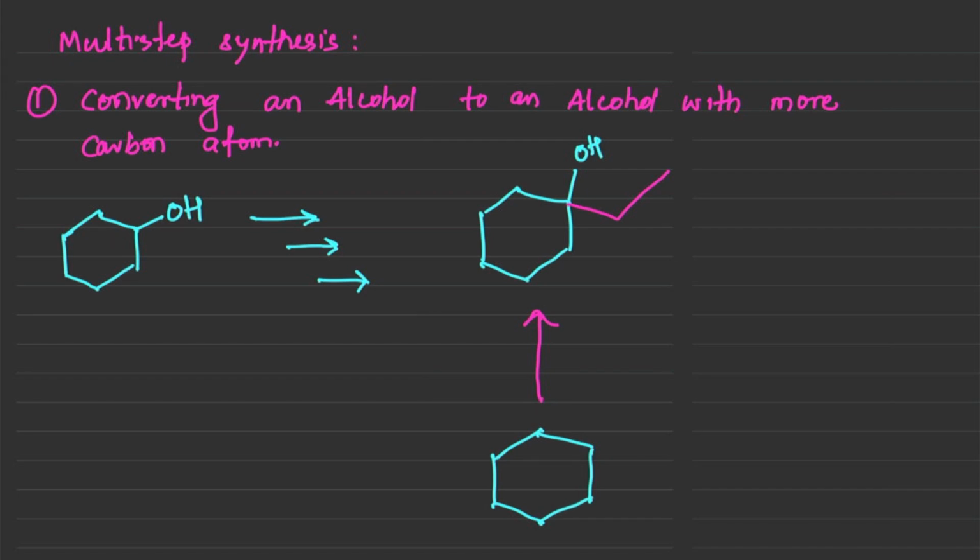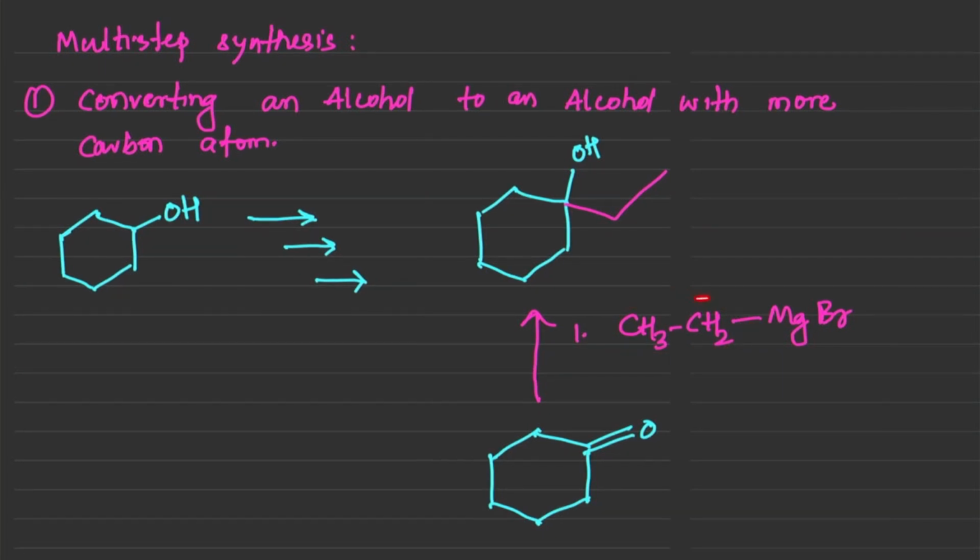If we have an aldehyde like this and we treat it with CH3CH2MgBr, we know that this would react as if it is CH3CH2 minus, and this would come attack here and push the O negative ion here.